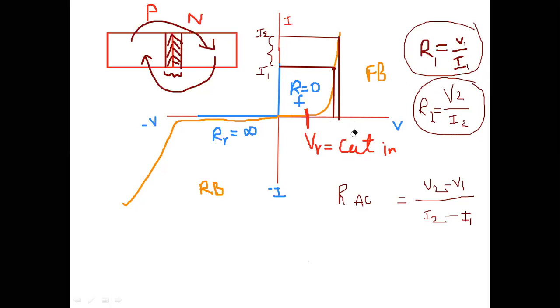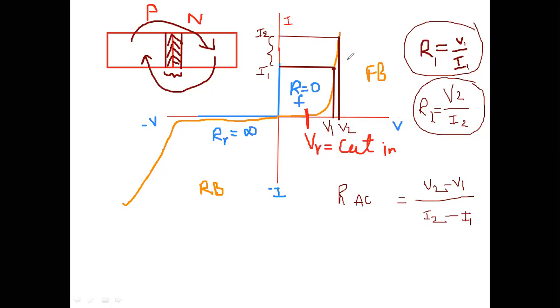This point I call V1 and this point I call V2. V1 is the voltage and its corresponding current is I1. At voltage V2, the corresponding current is I2.